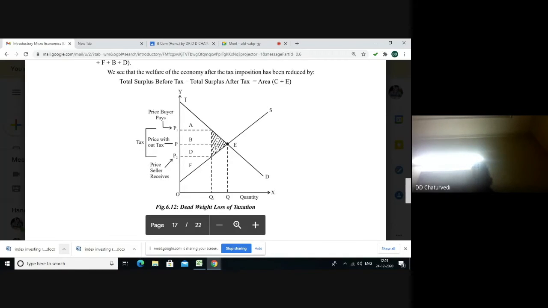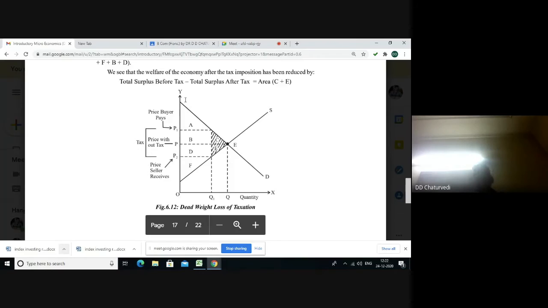The difference is shown by the sum of three areas A, B, and C. So we can say area A plus B plus C is consumer surplus, that is the difference between the amount the consumer is willing to pay and the amount actually paid by the consumer.